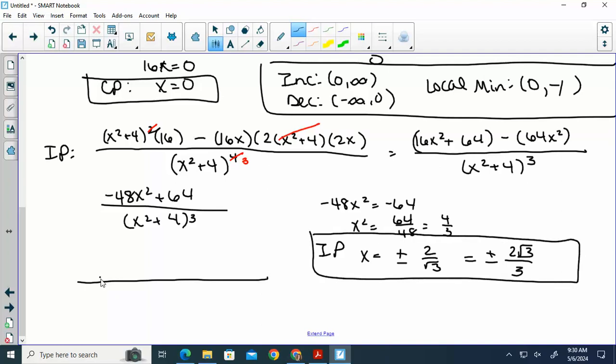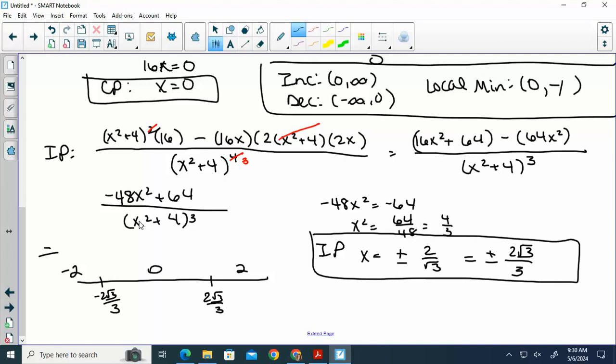We need our concavity, so we put these on our sign line. Something between them, so maybe a 0, something to the left and right. So maybe like a negative 2 and a positive 2. So if you put in a negative 2, top, negative 48 times 4 plus 64, that would be a negative.